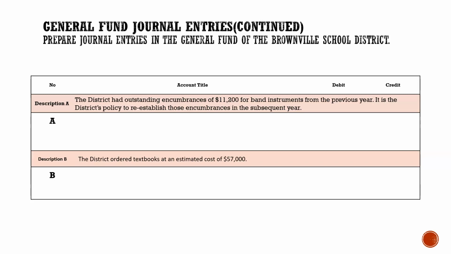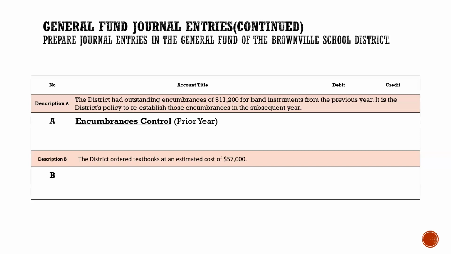And that is for purposes of creating the financial statements. That $11,200 has to go back somewhere so that it presents accurately on the financial statements. But once the financial statements are completed and sent out, we will then reopen those encumbrance accounts.